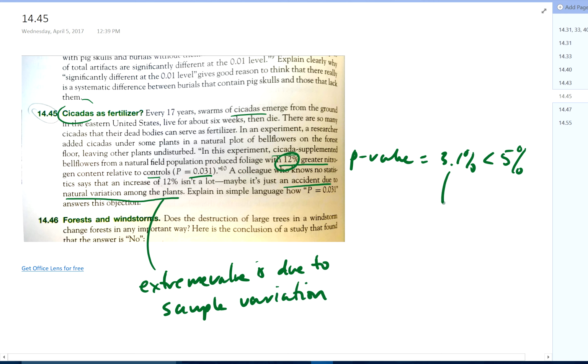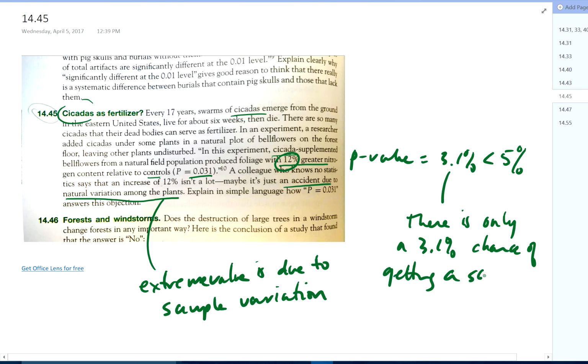But we know that there is only a 3.1% chance of getting a sample that extreme.